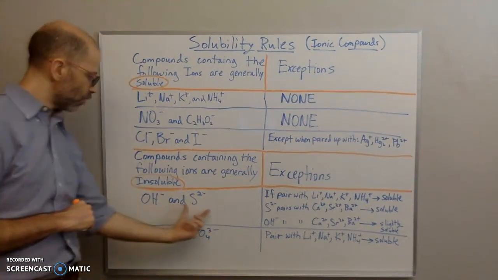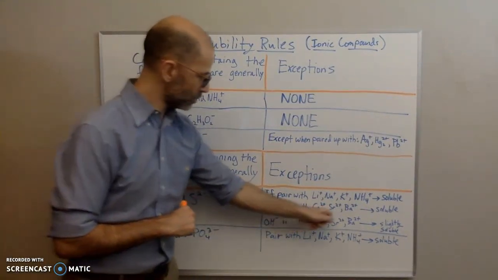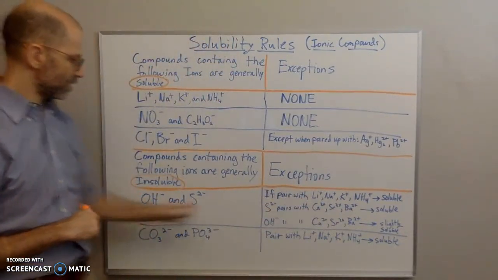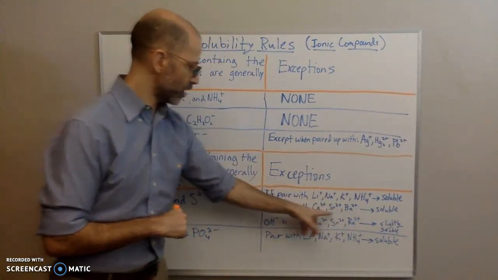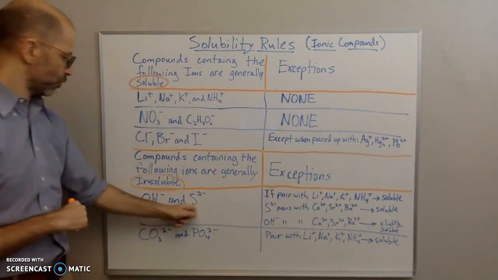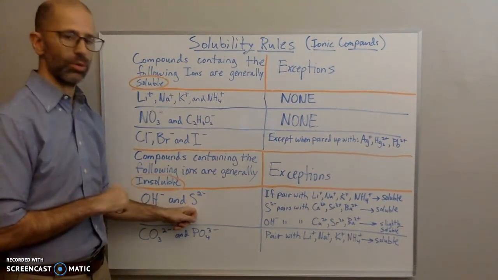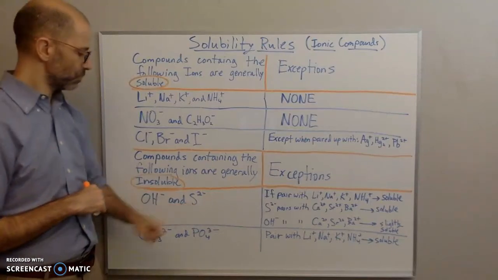Sulfide ion, if it pairs with calcium, strontium, or barium, that's going to be soluble, right? Otherwise, it's going to be insoluble.